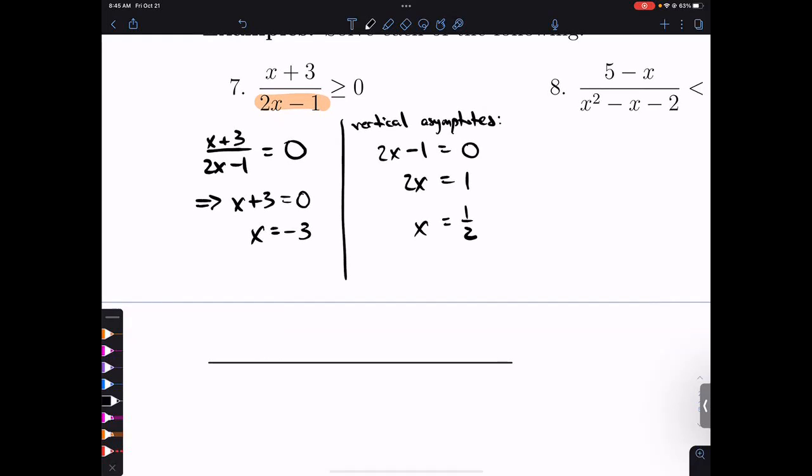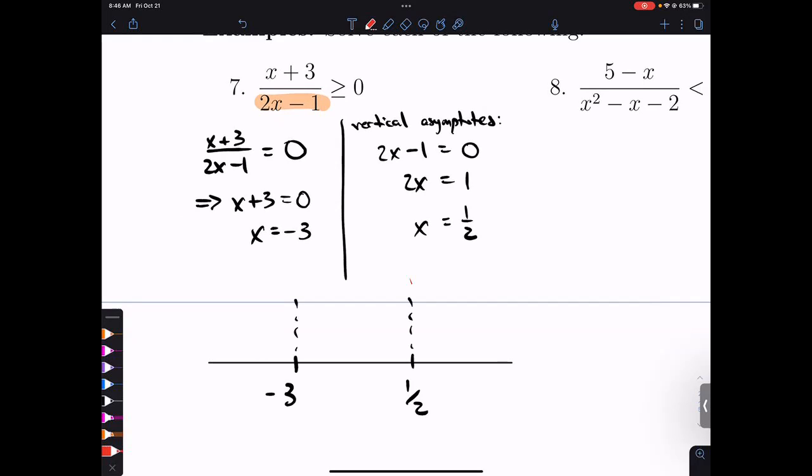So to figure out the inequality, -3 and 1/2 are the 2 points that I need to be checking around, right? Because those are the 2 places where this can change.